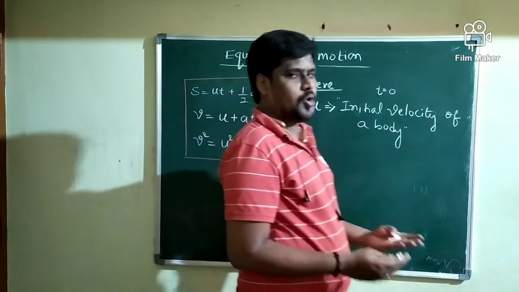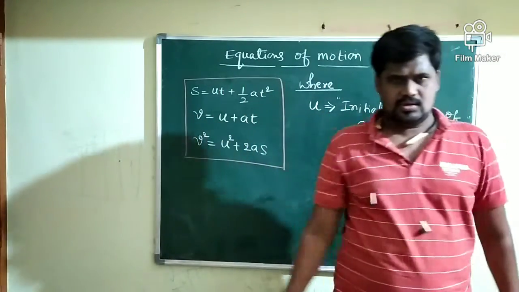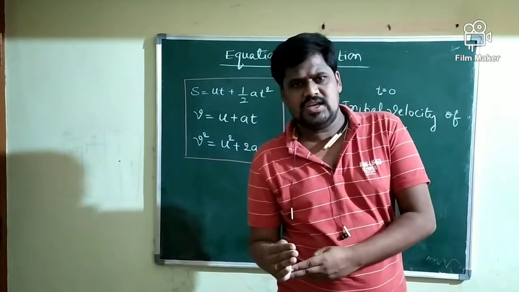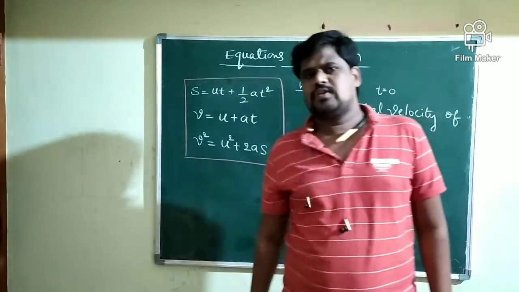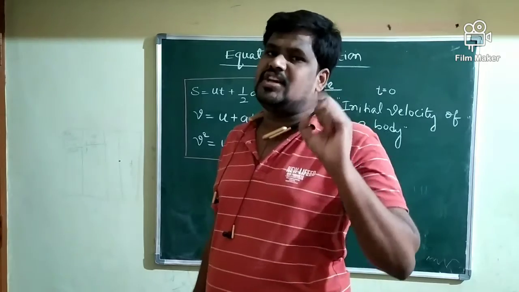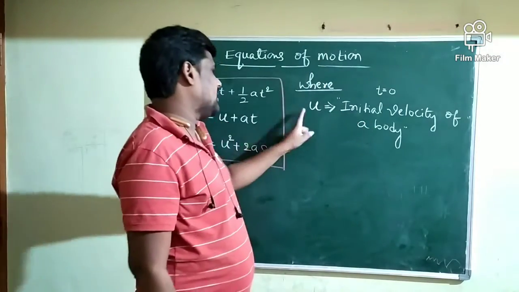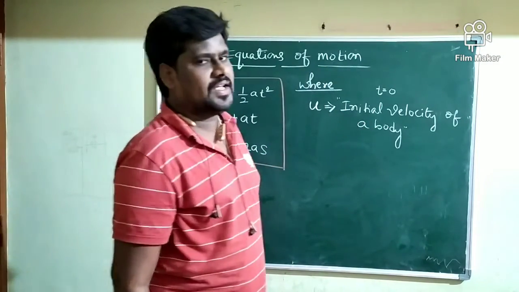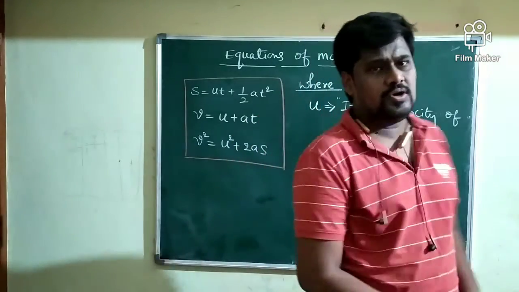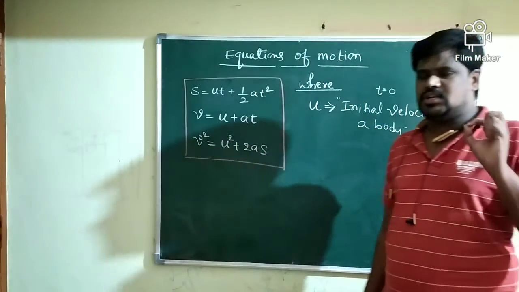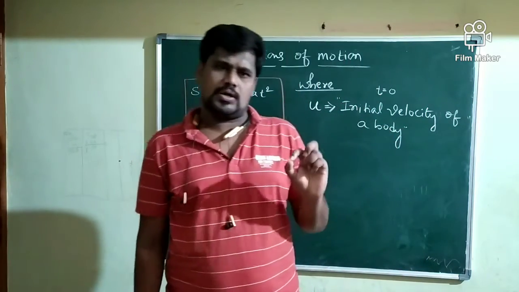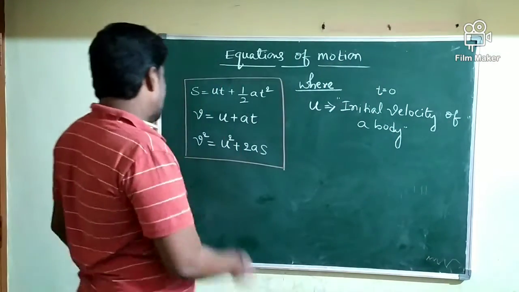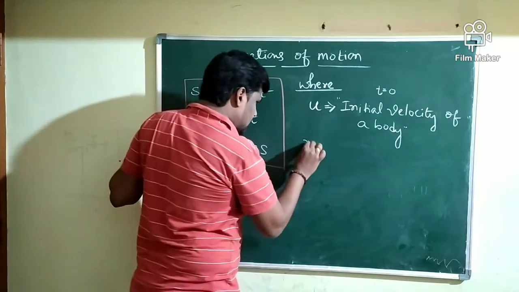Suppose the body starts from rest. Initially the body is at rest, then starts moving. Then its initial velocity is taken as 0. The initial velocity of a body is 0 when the body starts from rest.